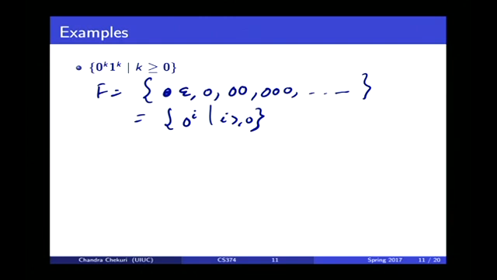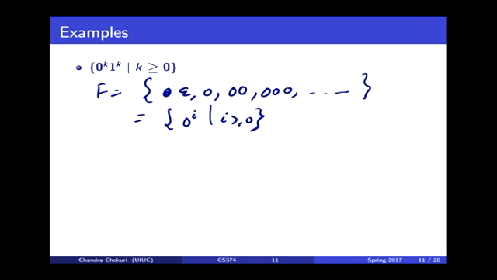But is it the case that if a language is not regular, you can always use this technique to show that it is not regular? That means that a language is regular if and only if it does not have an infinite fooling set. And the answer is true, but that's called the Myhill-Nerode theorem, which we don't have time to prove, but it's a very beautiful theorem. I have it in the slides at the end. I won't be able to cover it, but you can look at it.